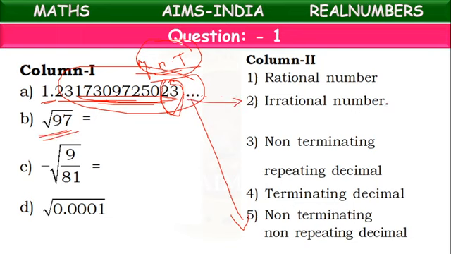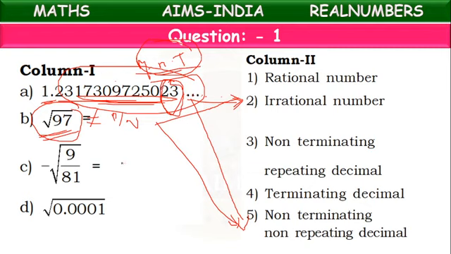So two answers are possible, both 2 and 5, for option A. Root 97: there is no square root value for root 97, which means it cannot be expressed in the form p by q. So it is an irrational number, a non-terminating, non-repeating decimal.